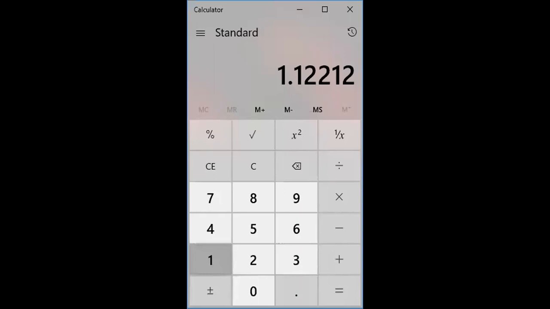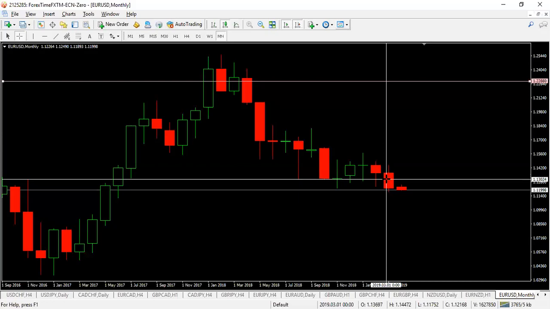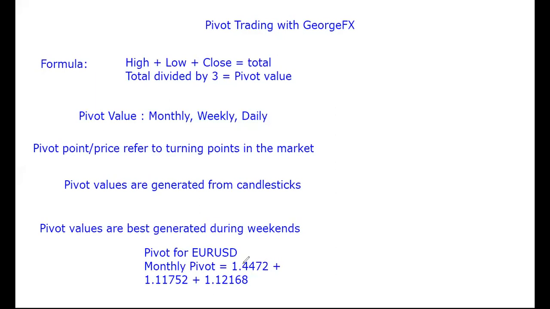I think I figured out the mistake. The high should be 1.14472. Okay, that's the mistake. Thank you because you dictated it early enough. It is 1.4 and there should be a 1 here. So that was the actual mistake. Back to the calculator.